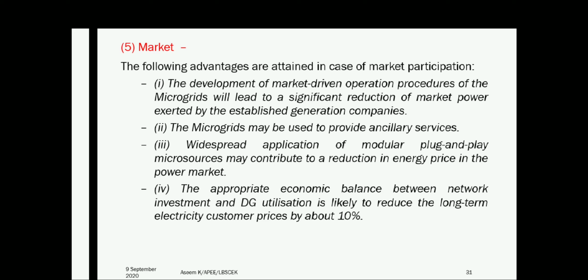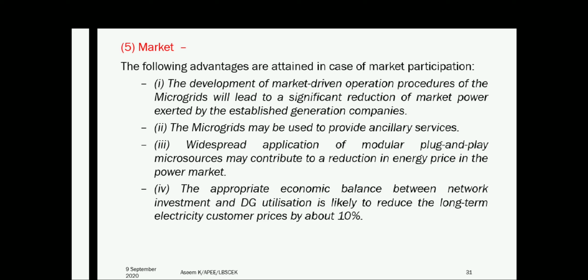Then widespread application of modular plug and play microsources may contribute to a reduction in the energy price in the power market, as we already discussed.